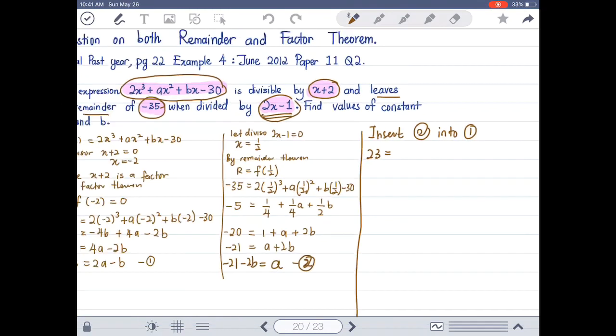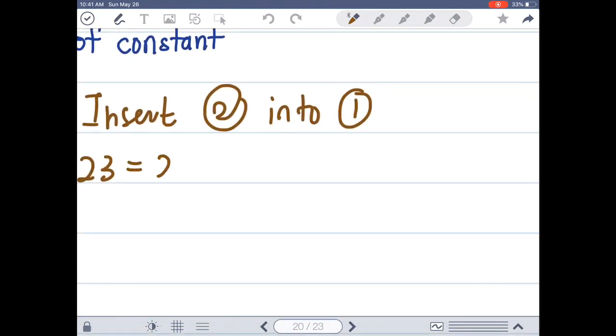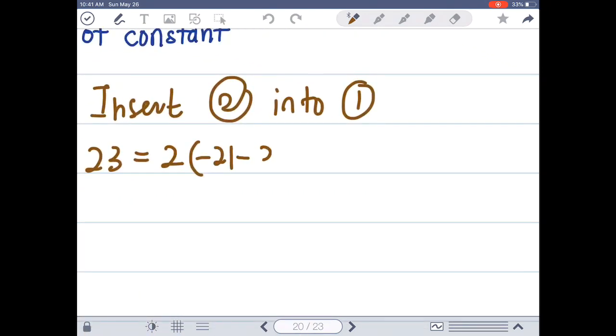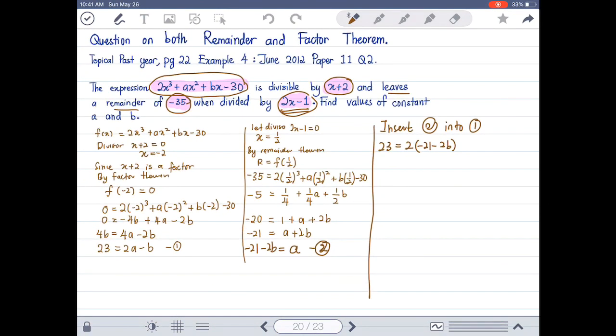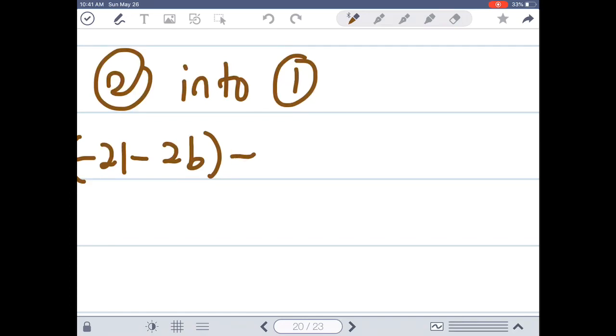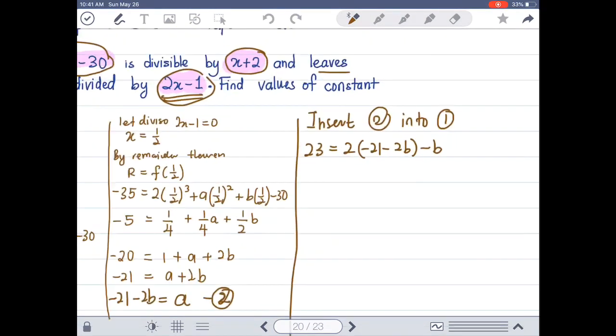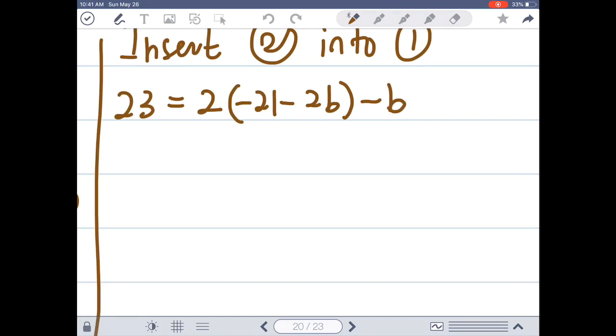Okay, so we have 23 equals to 2a minus b, where a is equals to negative 21 minus 2b. Okay, so let's try to simplify this. So 23 equals to negative 42, negative 4b minus b.